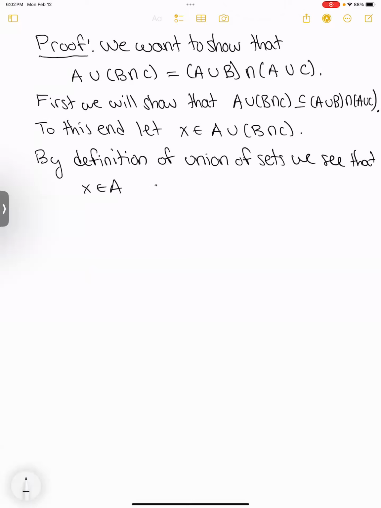So it's a union, right? So it's X must be in A or X is in B intersect C.